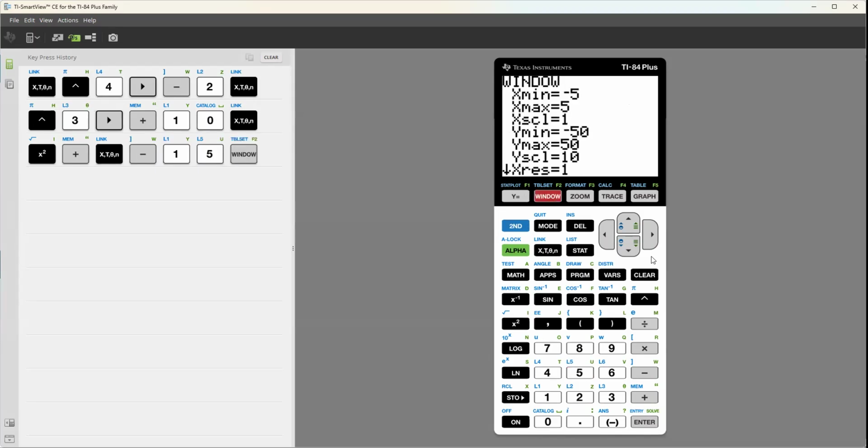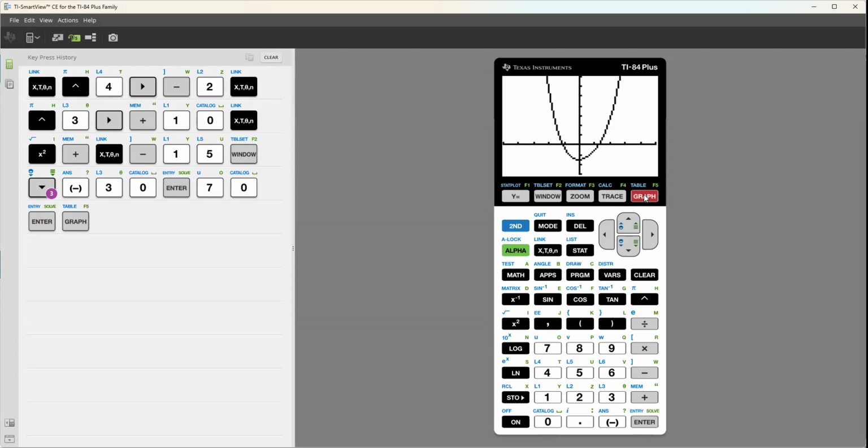They said go from negative 5 to 5, which I have already, and a 1 for the x scale. This one went from negative 30 to a positive 70, and that went by 10 also. All right, y'all, so let's graph it and see what happens.